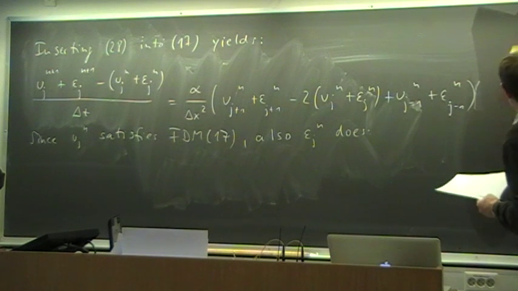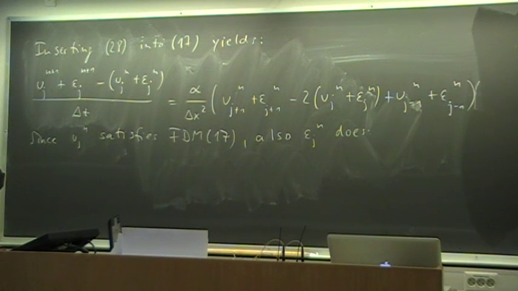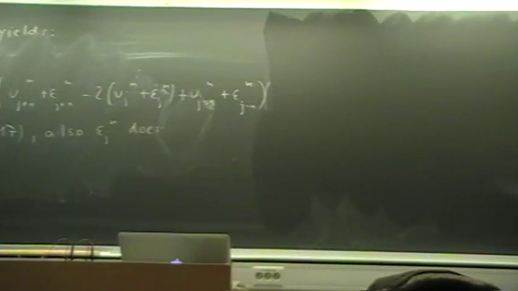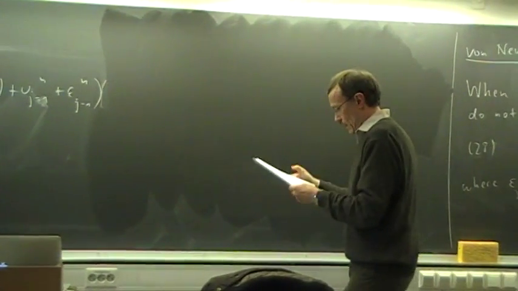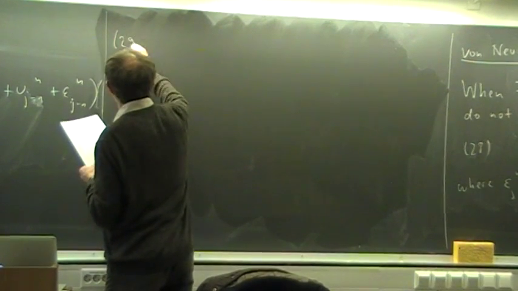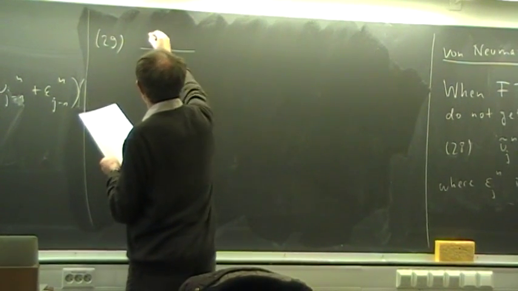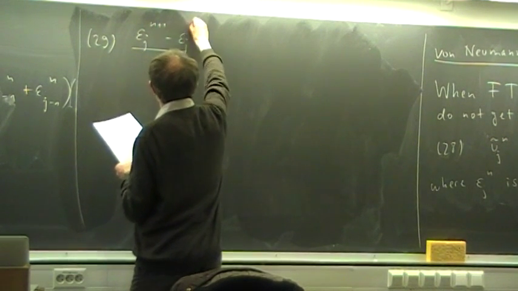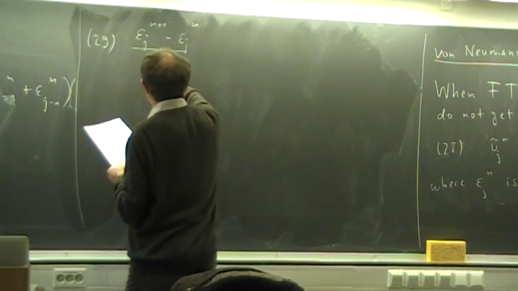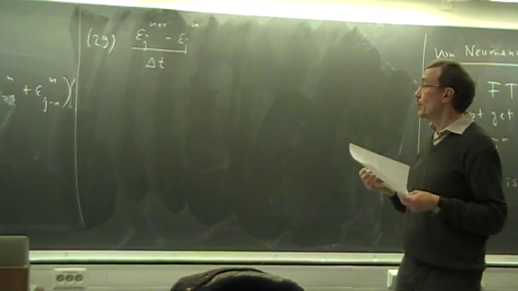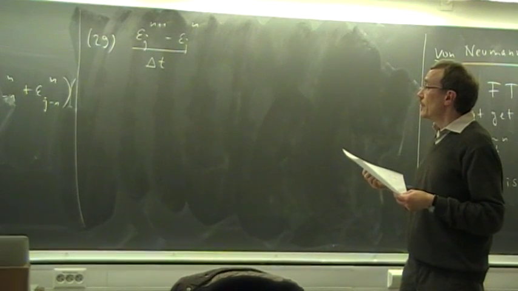So then you get the following. That is 29. Epsilon j n plus 1. So we get the same formula that we have for the original scheme for our approximations of the solution of the heat equation.